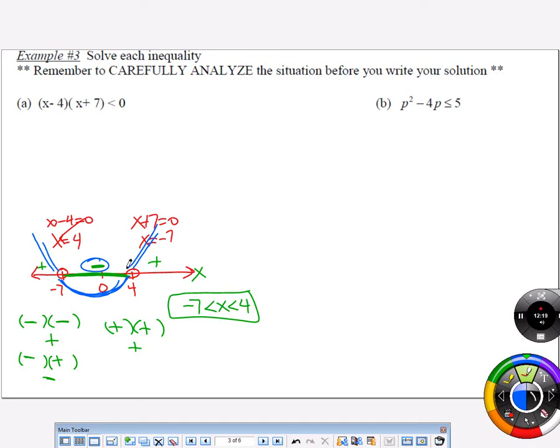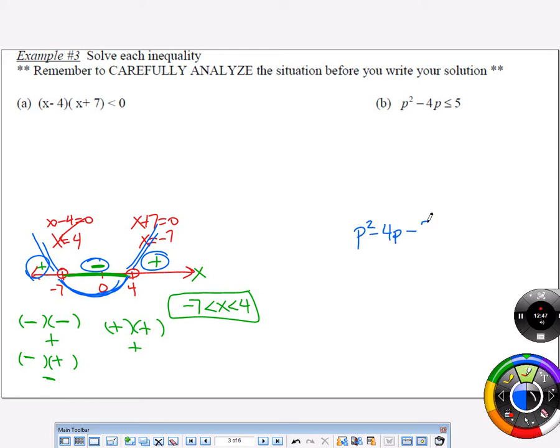So if you had really plotted all these points, what kind of y values would all those points have? Positives. So it's not completely separate from the graphing process. It does match, so you can analyze it two different ways. This chart relates to how the graph behaves. And then at the end, you just have to pick the right part for your solution. Again, we wanted stuff less than 0. All right, so you guys go ahead and do part B.